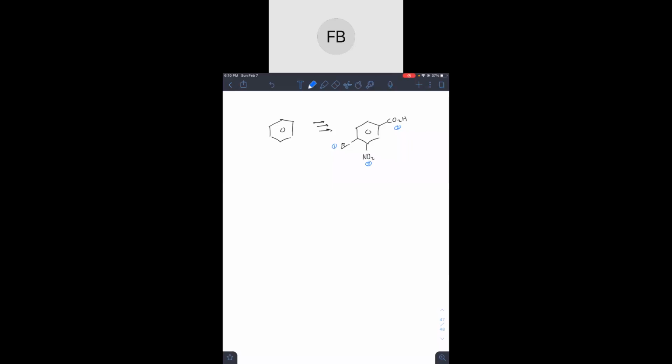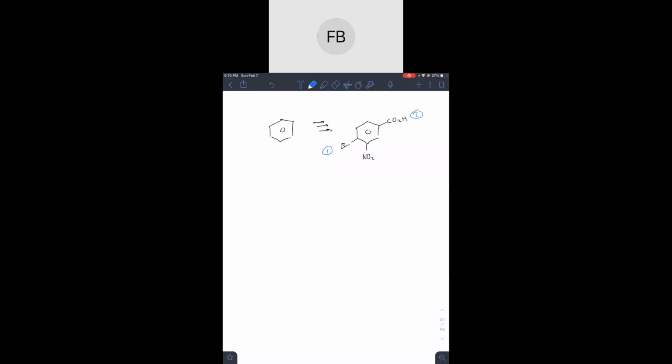This one is meta directing, as is this one. I'm going to erase these numbers first. If we add this one first, then we could add this one second or this one second. It doesn't make a difference, because either way they're going to go to ortho or para. But I think that adding this one second makes more sense, and I'll tell you why.